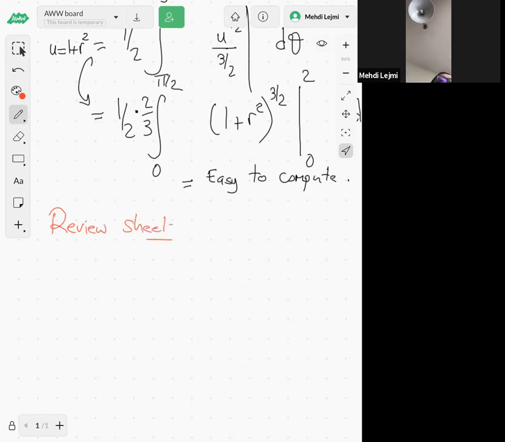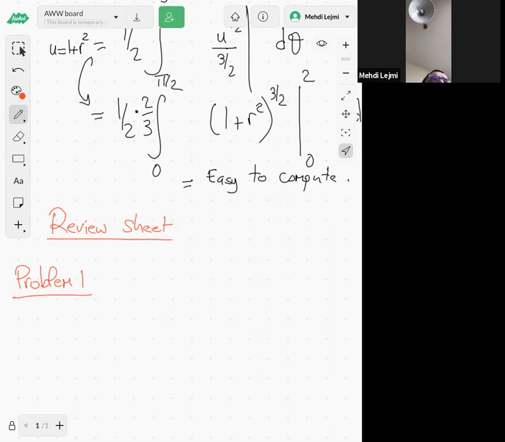There's an e to the x cubed and a sine of x squared. In both integrals, you need to change the order of integration, otherwise you're going to be in trouble.